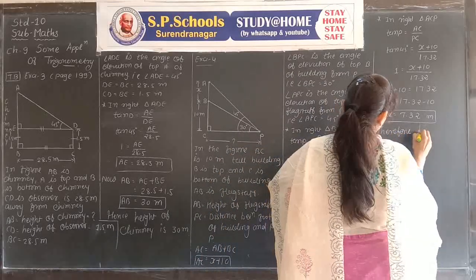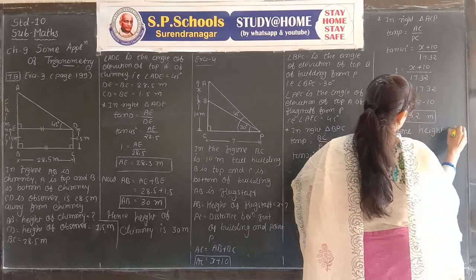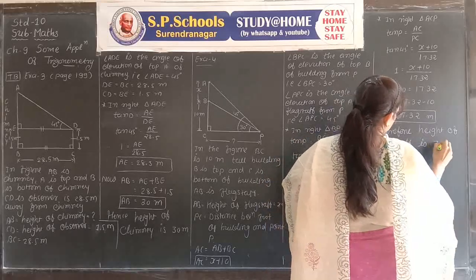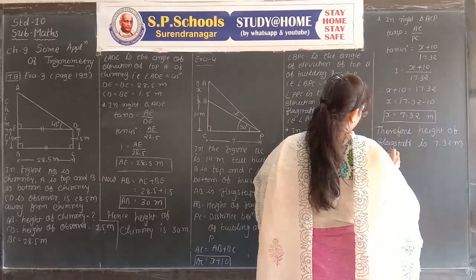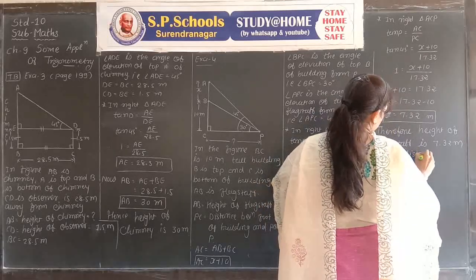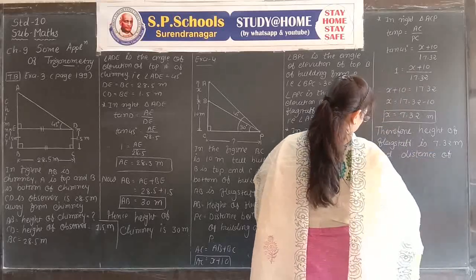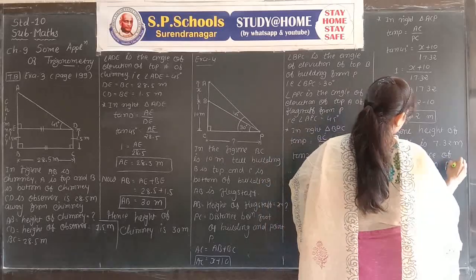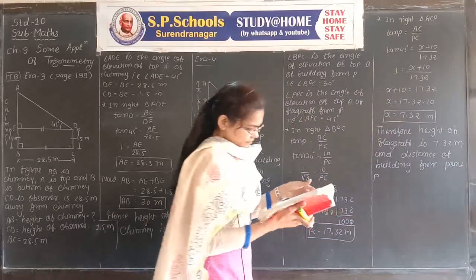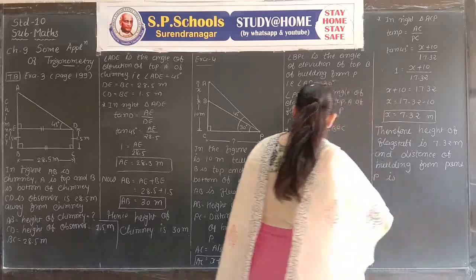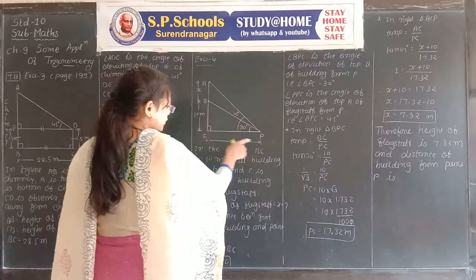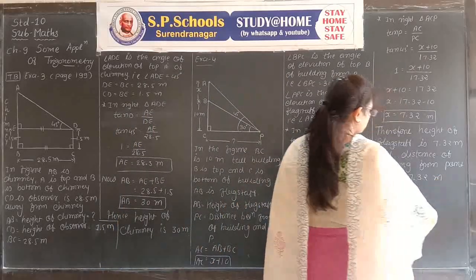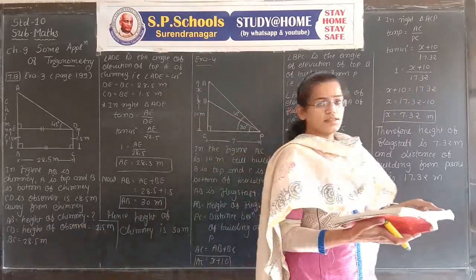Therefore, the height of flagstaff is 7.32 meter and the distance of building from point P, which is PC, is 17.32 meter. Hence example number 4 is completed.